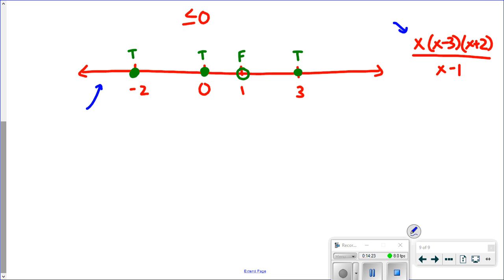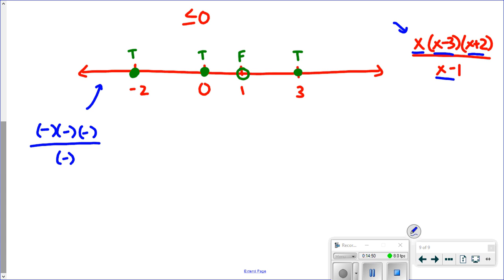So if I plug in negative 3 for x minus 3, that's a negative. And then negative 3 for x plus 2, that's a negative. And then negative 3 for x minus 1, that is also a negative.